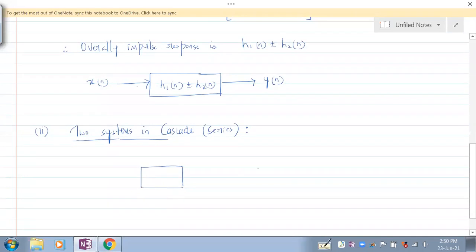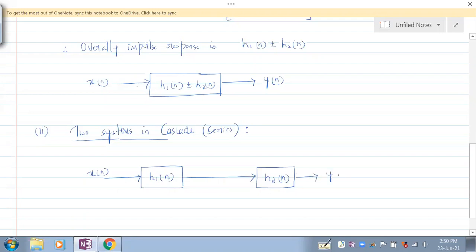In series with this, you will have another system. If this is the first LTI system, it has the impulse response h1 of n, and this is the second LTI system having the impulse response h2 of n. Let the input to the system be x of n, and the output of the first goes as the input to the second.